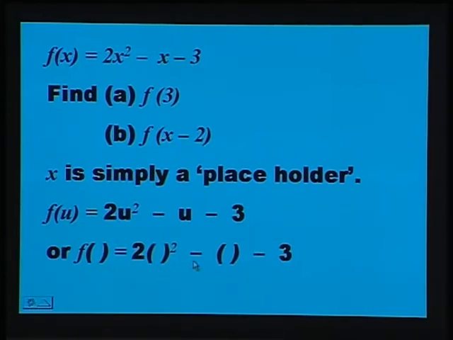Anything can be replaced in this parenthesis taken from the values in the domain. So to obtain f of 3, we simply replace 3 in this parenthesis. To obtain f of x minus 2, instead of writing u, we're going to write x minus 2.